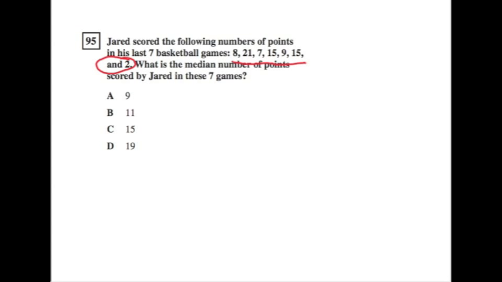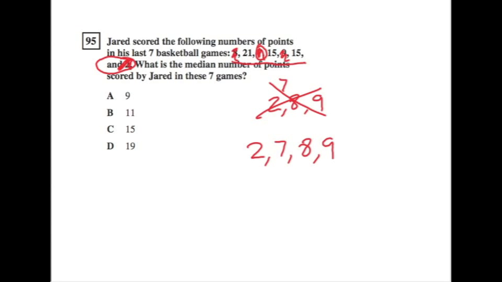So once again, let's go ahead and put these in order. 2 is the lowest one. I'm going to cross it out, put it over here. Then looks like 8 is the next lowest. 9. Oh, I missed 7. Okay, I'm going to put 7 in right here. You know what? It's best I just start all over. I don't want to make a sloppy little chart here.